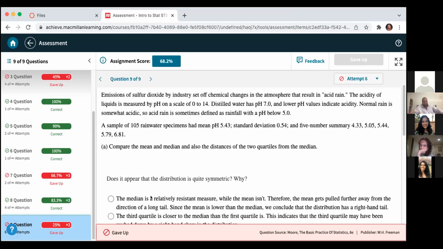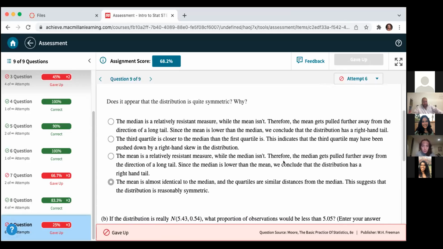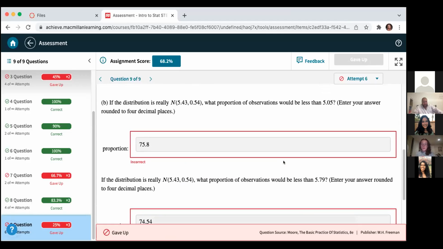And a 5-number summary: the lowest, first quartile, median, third quartile, and the maximum. Does it appear the distribution is quite symmetric, or why? Okay, so you answered that. We can skip it. No, I got that one. Okay. If the distribution is really normal, what proportion of observations would be less than 5.05?